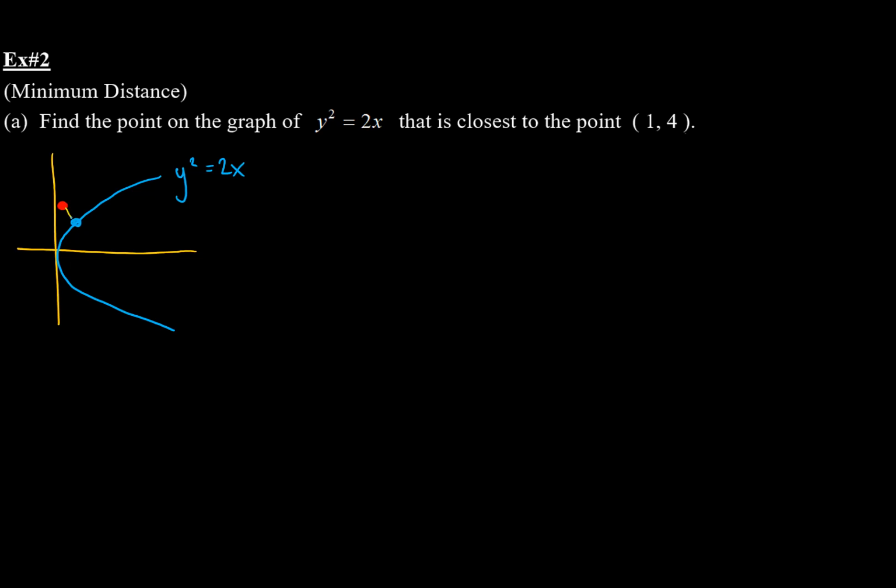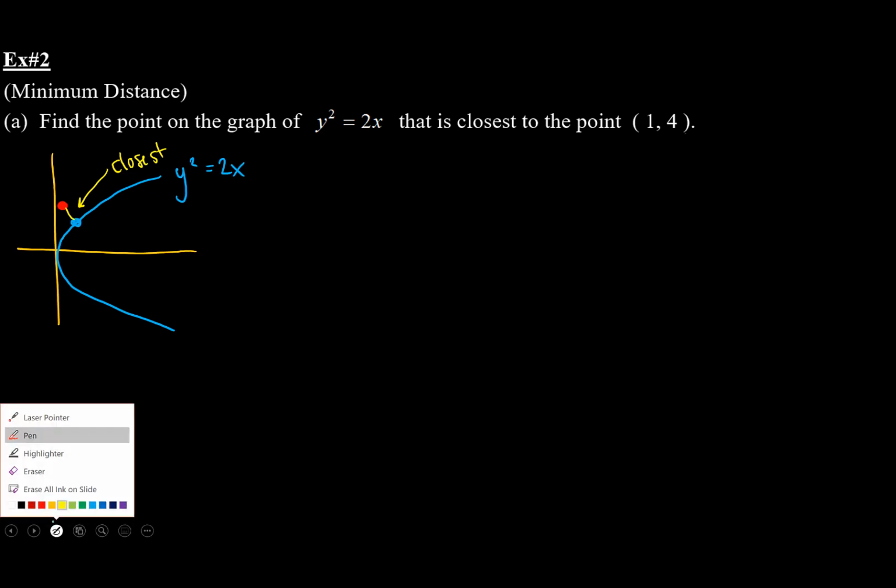All right, and what I need to do right now is be the closest to the point (1, 4). Well, closest means distance. Do I have a formula for the distance between two points? Yeah, I totally do. We have the distance formula.